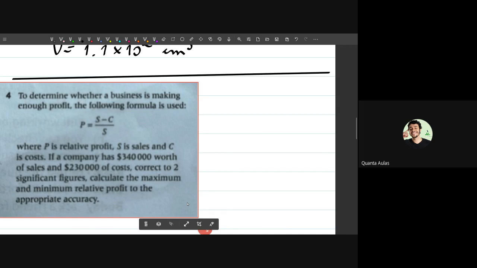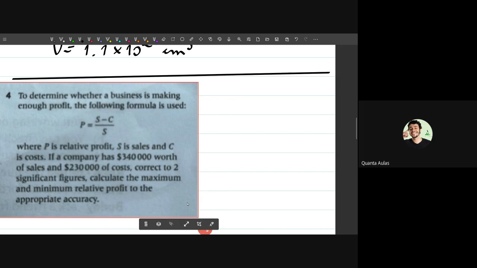If a company has 340,000 worth of sales and 230,000 of costs, correct to two significant figures, calculate the maximum and the minimum relative profits.